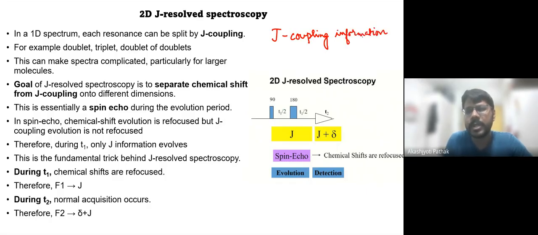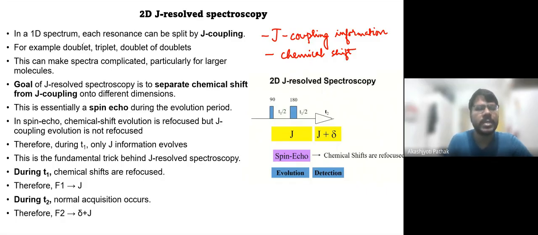For a particular spin system, you are separating the J coupling information present in that particular proton from the chemical shift. In very simple terms, your F1 dimension will contain the J coupling information, and your F2 dimension will contain the chemical shift information.